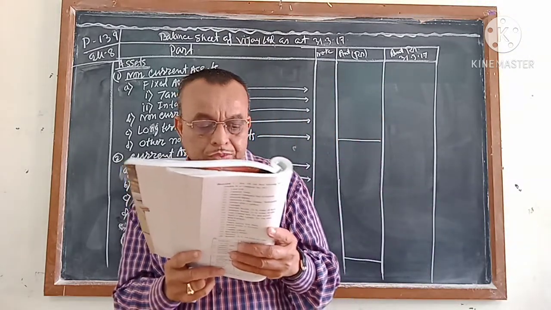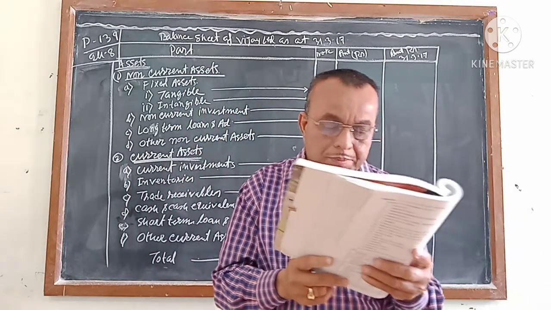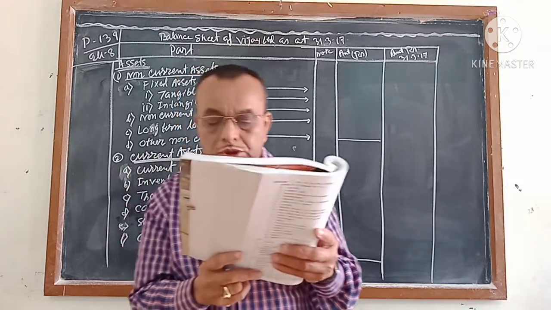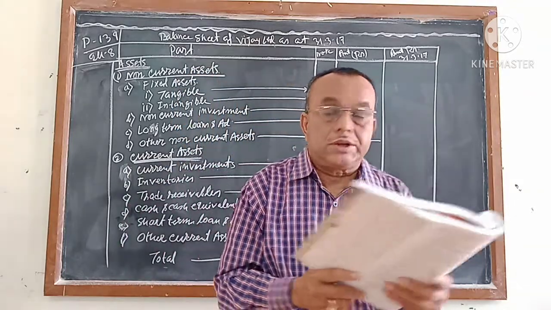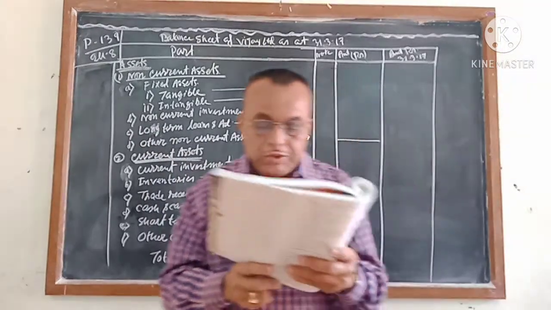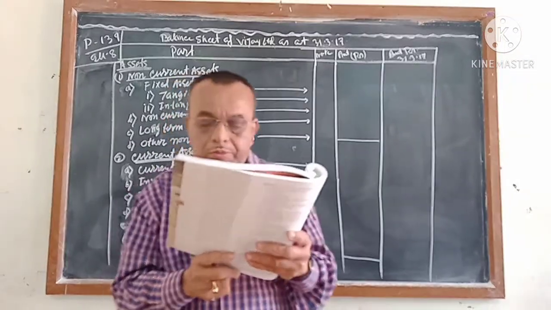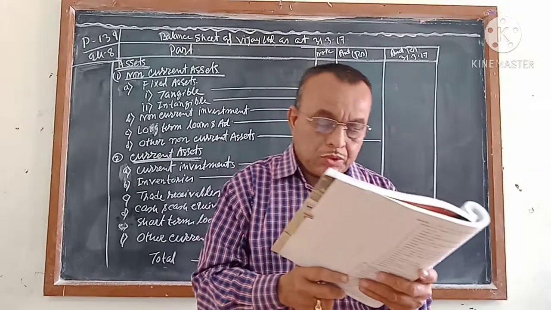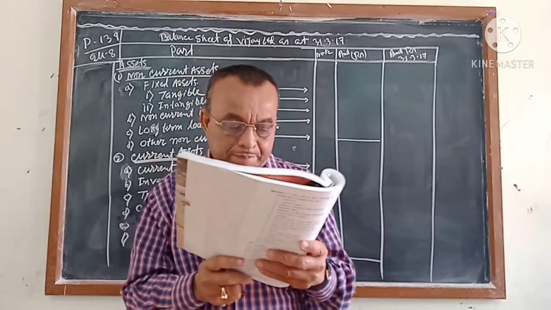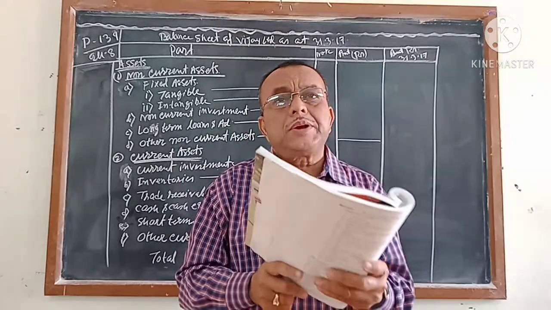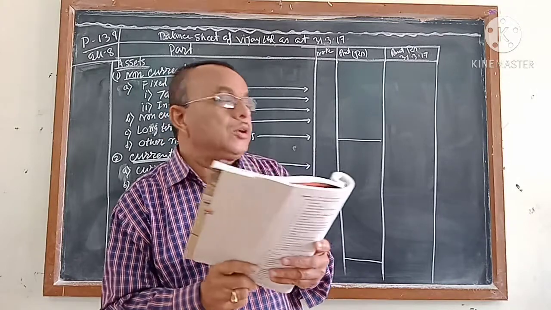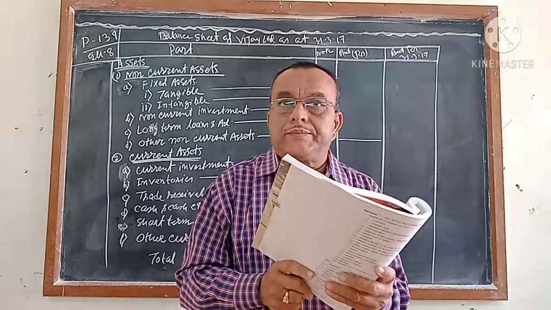Prepare a statement indicating assets of the balance sheet as on 31st March 2017 as per Schedule 3 of the Companies Act 2013. That means, according to Schedule 3 of the Companies Act 2013, we have to make the balance sheet asset side format. The balance sheet asset side format, several times I told, is on page number 127.